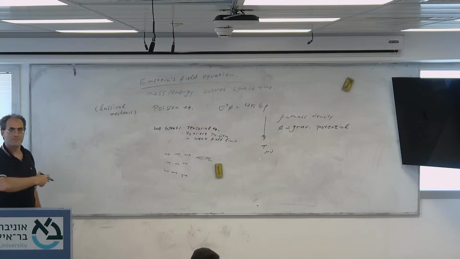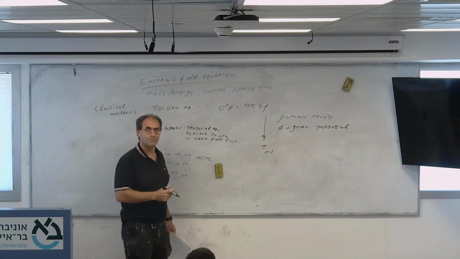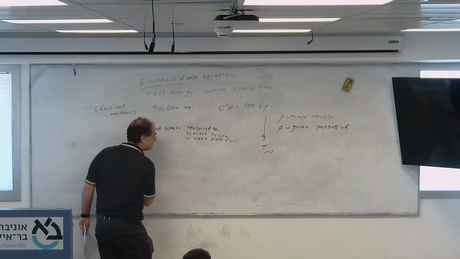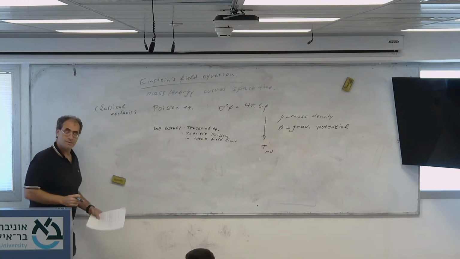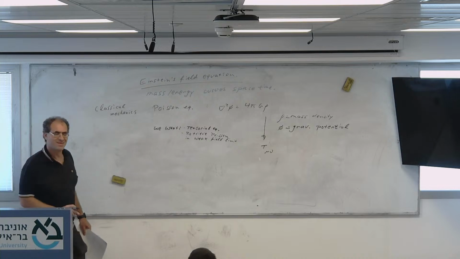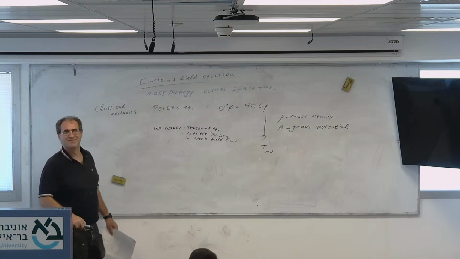Relative to me, everything is moving. It may not be moving relative to each other, but it is moving relative to me. If we don't have enough point masses to treat it as a continuum, we worry about that in the next course. We do for the purpose of this course.